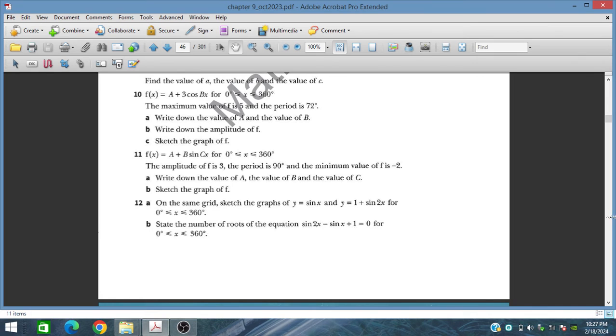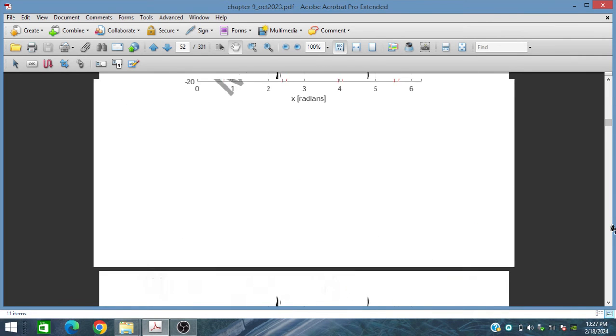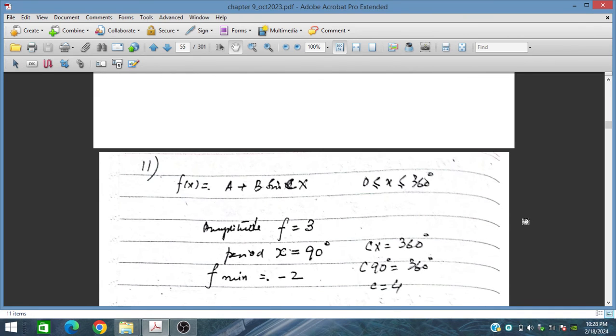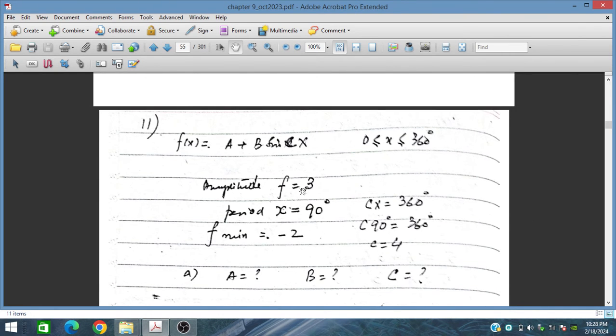So let's go to question 11. Here we have amplitude of f is 3, period 90 degree, so c times 90 is equal to 360 degree, and c is equal to 4, simple, and f minimum is -2.